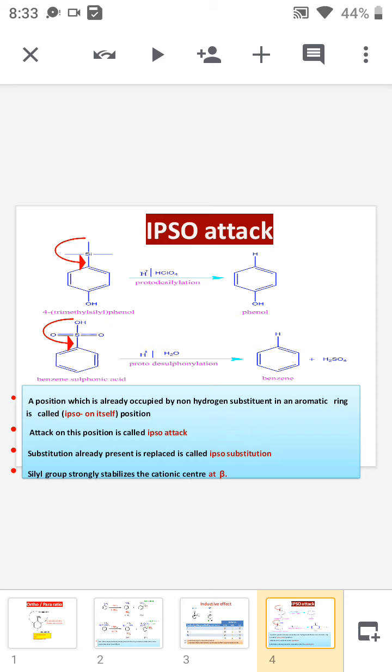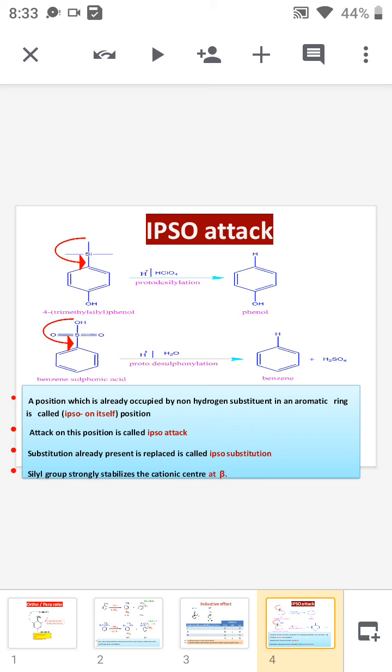Then the benzene ring undergoes the resonating structures, and after that the electrophile, here the electrophile is H plus, because we are using the acid, the silyl group is replaced by hydrogen. So in this method we can easily remove the silyl group by hydrogen. So the ipso attack is the reverse of the Friedel-Crafts reaction.